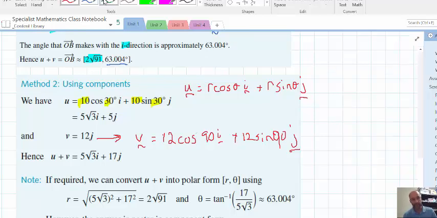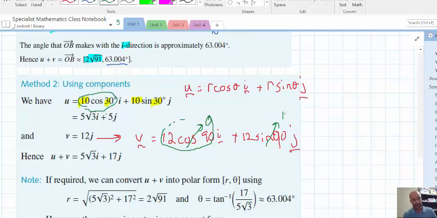Cos of 90 is 0. Alright, so that turns into 0 basically, and sine of 90 is 1. So all of this term here is 0i plus 1 times 12, 12j, and so that's why it's j.